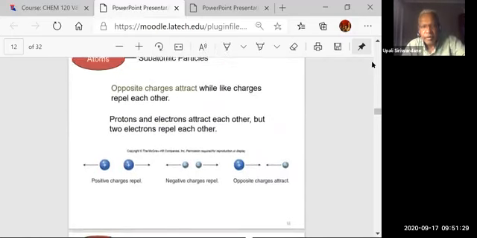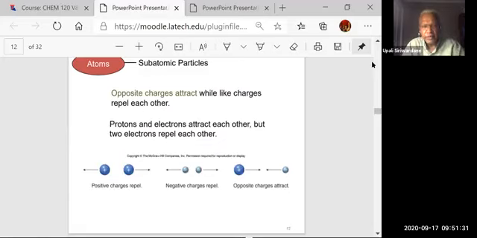Now, subatomic particles are kept together by electrostatic forces, mainly. Positive charges repel positive charges, electrons repel electrons, and electrons are attracted by protons. But there's a question: how are neutrons and protons kept together in the nucleus?